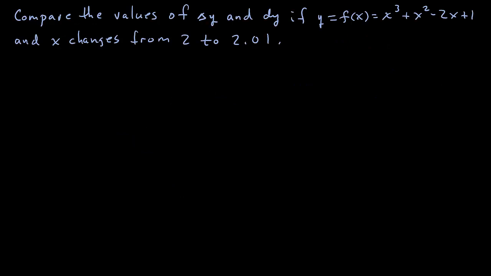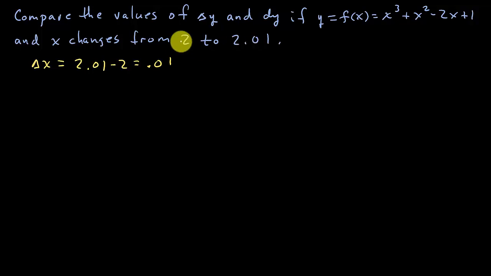In this example, they want us to compare the values of delta y and dy if our function is x cubed plus x squared minus 2x plus 1, and x changes from 2 to 2.01. What we've got to do is find out what delta x is. Delta x is the change in the x values, so that's 0.01 in this case.